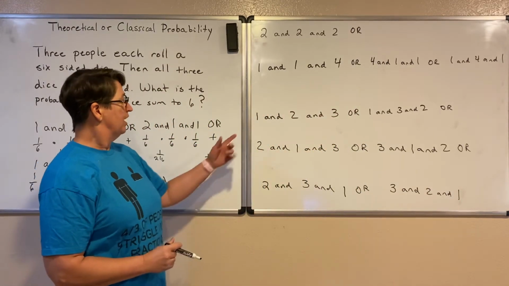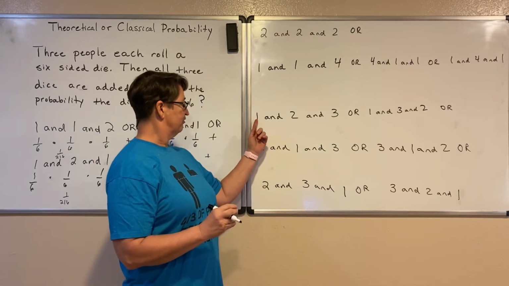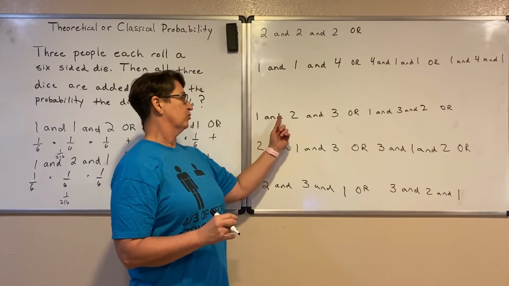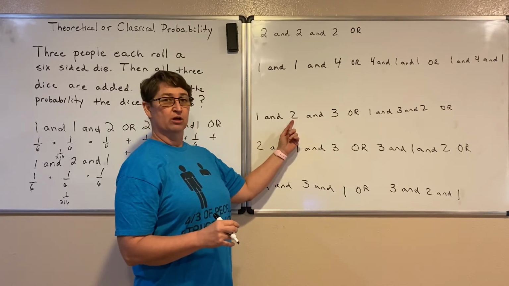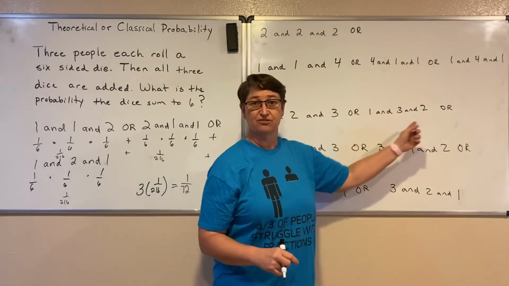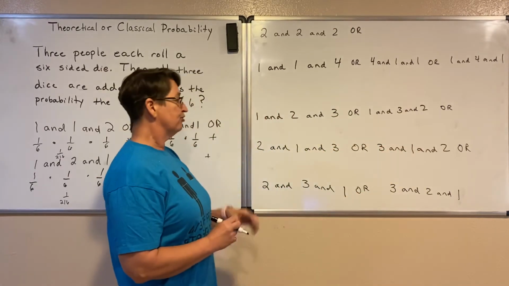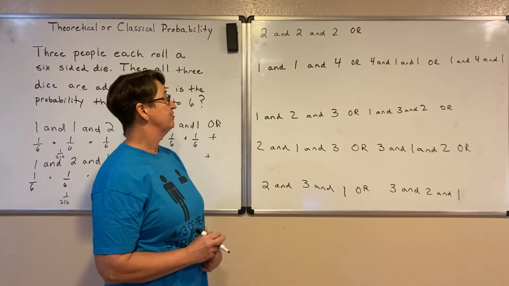So now, let's think about if there's any other way. Let's think about if the first one rolls a 1, and the second one rolls a 3, well, 1 plus 3 makes 4, then the last one would have to roll a 2. Oh, we already have that scenario there. So it turns out that we can't roll any other combination of 6.